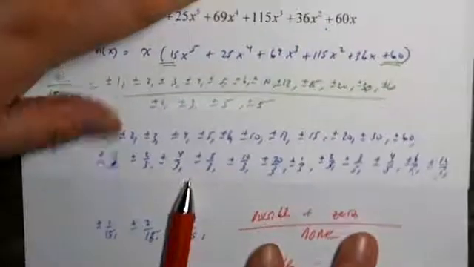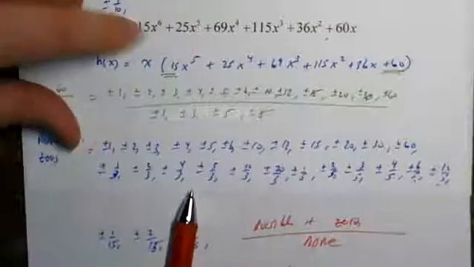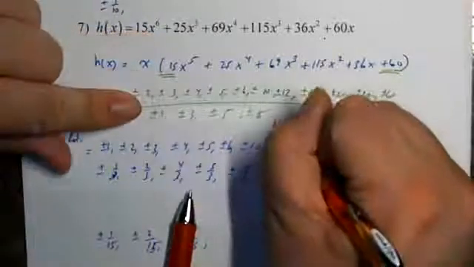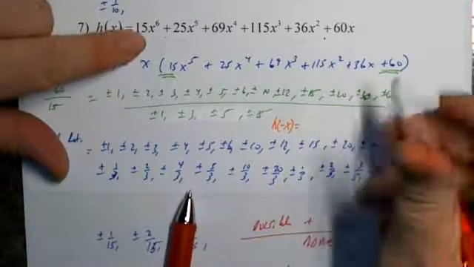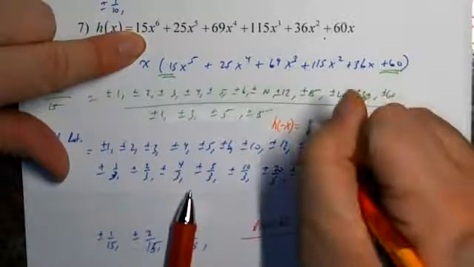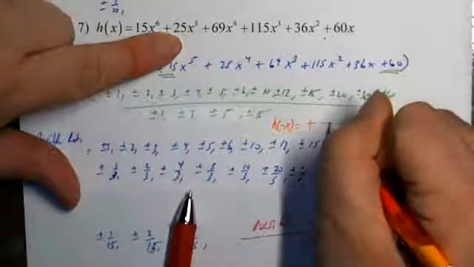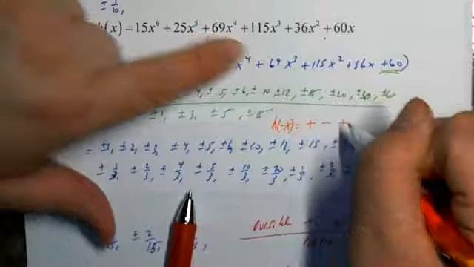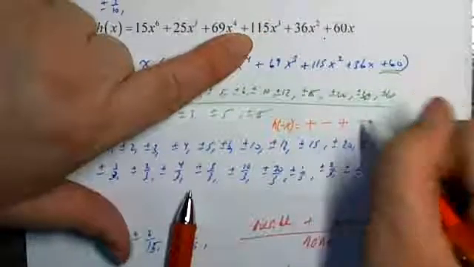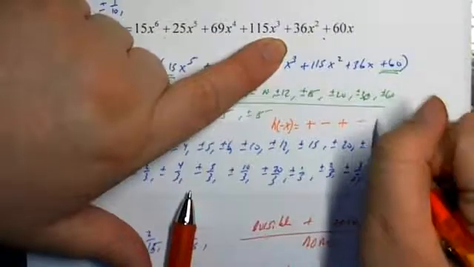Okay, let's plug in a negative x and see what happens. So h of negative x: this stays the same, so it's still positive. Changes, negative. Stays the same, positive. Changes, negative. Stays the same, positive.